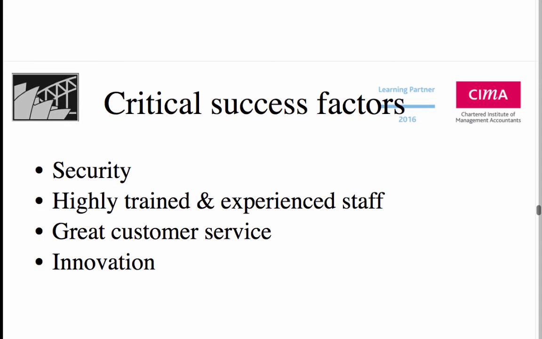And if you look at the products that we offer, and the next two bullet points as well, it's great customer service, innovation, everything comes from highly trained, experienced staff, right? People have to have a very innovative culture, a conducive culture in order to come up with innovation and provide great customer service. Otherwise, they're not going to give you that.